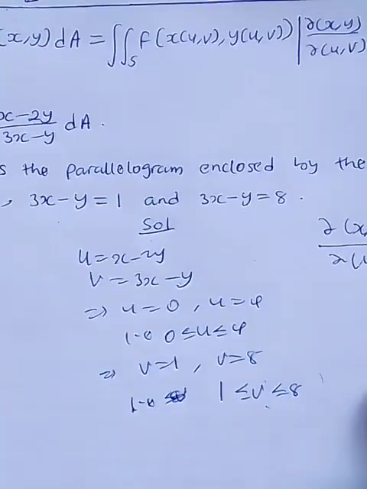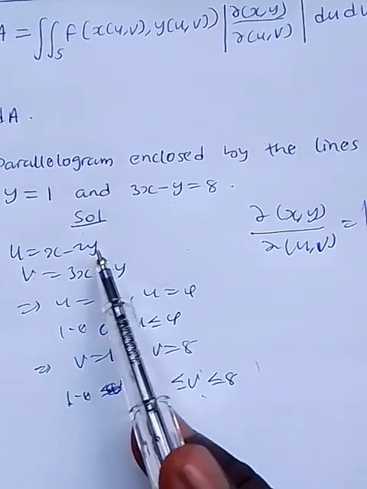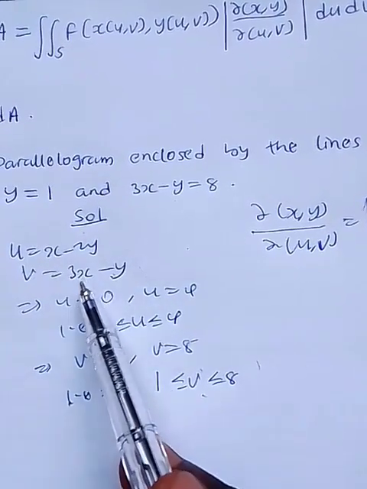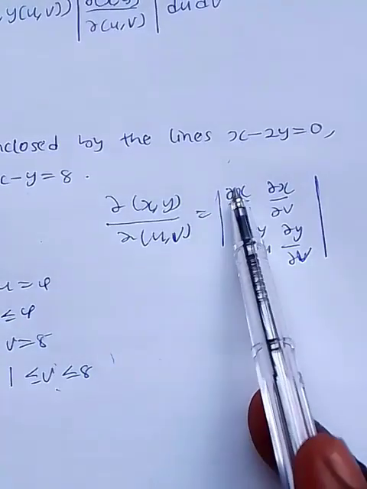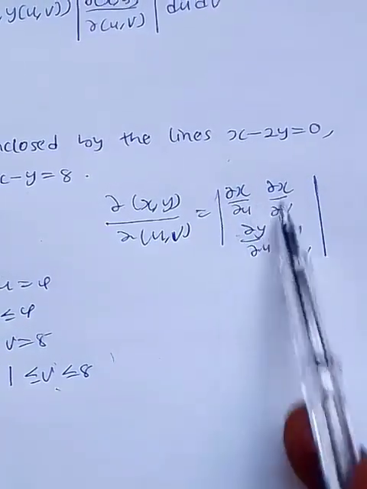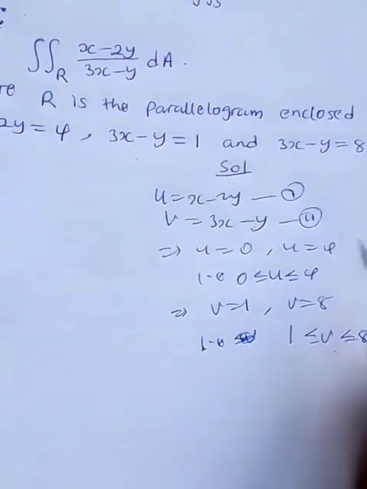So the next thing to do is to express x in terms of u and v, and also express y in terms of u and v, so that we can simply differentiate our partial derivatives. Let's call this equation 1 and this equation 2.